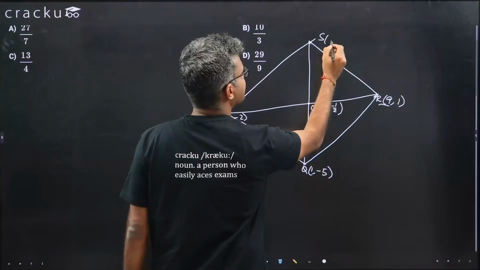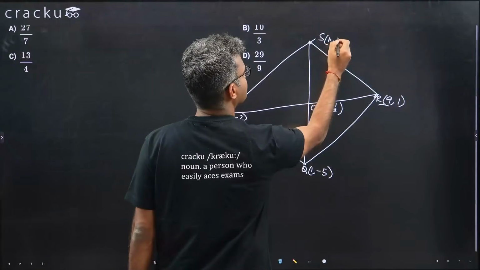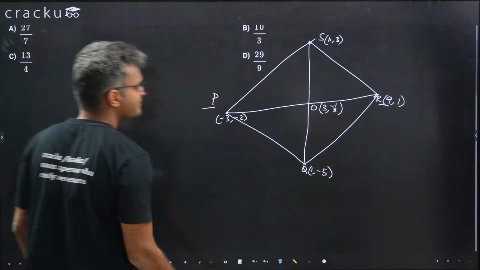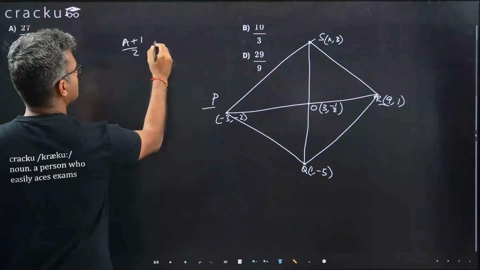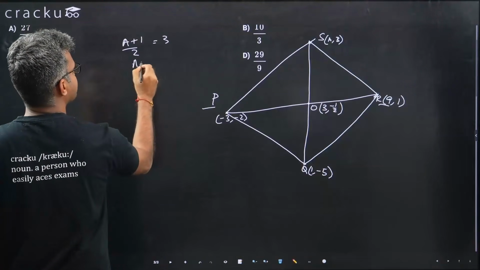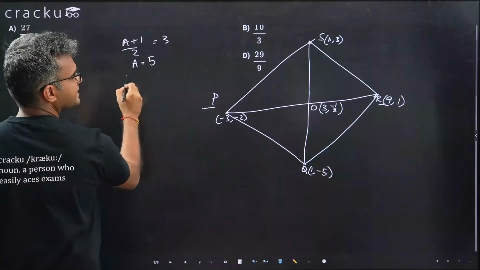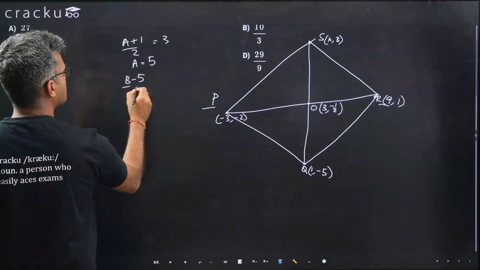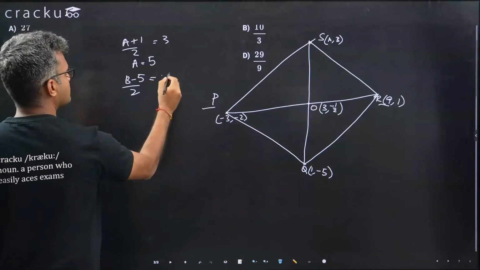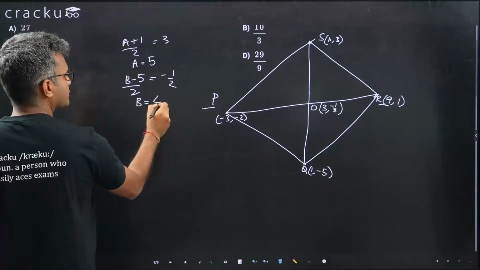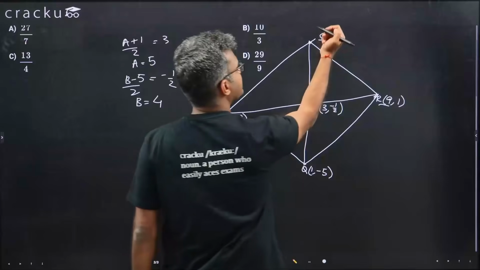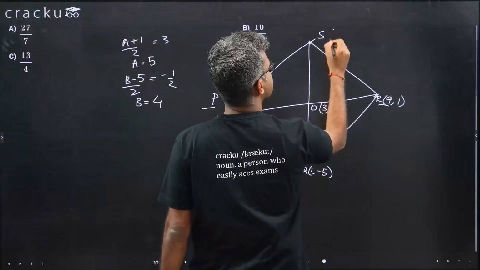If you assume that S is, say, a comma b, a plus 1 by 2 will be equal to 3, or a is 5, and b minus 5 by 2 is equal to minus 1 by 2, or b is equal to 4. So this over here is 5 comma 4.